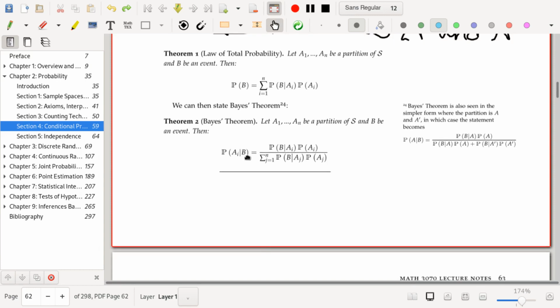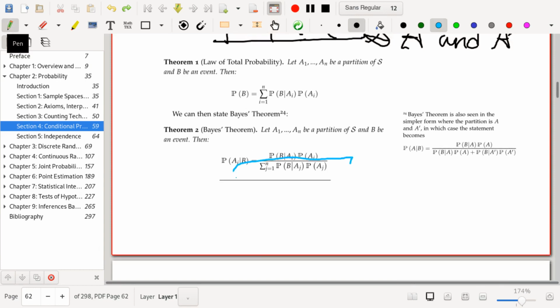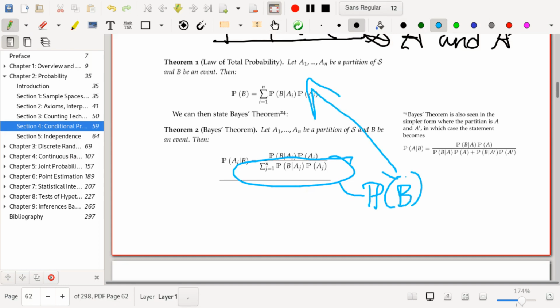So the denominator in Bayes' theorem is actually computing the probability of B. It is basically a restatement of the conclusion of the law of total probability.